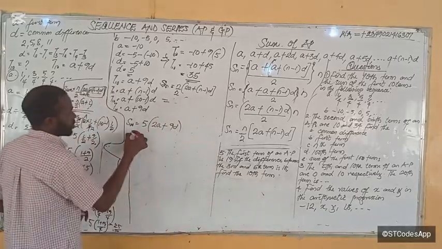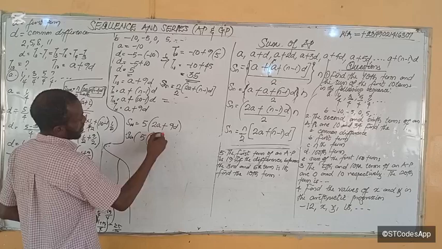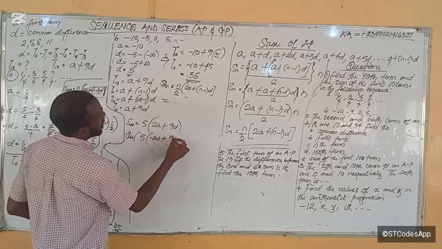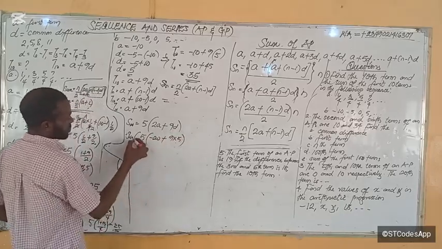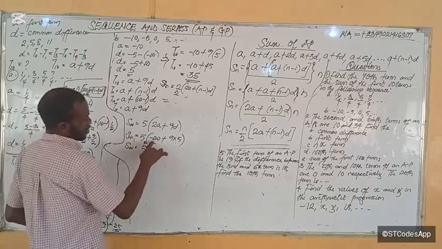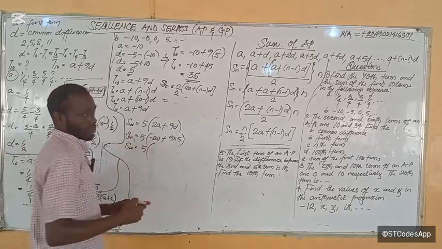Just solve your thing. So S10 therefore becomes 5 into bracket 2 times minus 10, that is minus 20, plus 9 times, what is the d? 5. 9 times 5. So we have S10 equal to 5 into bracket minus 20 plus 45. I hope you understand what I did here.